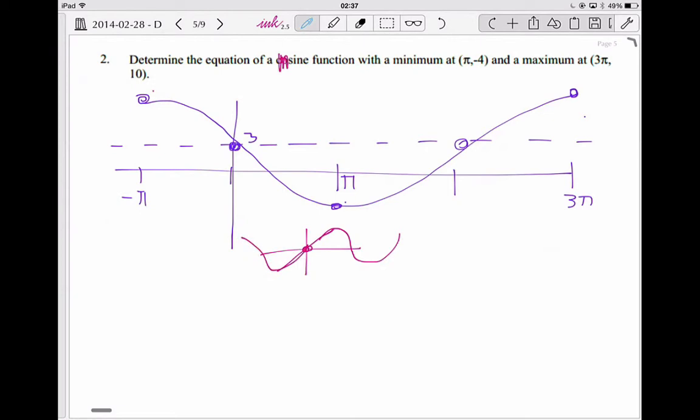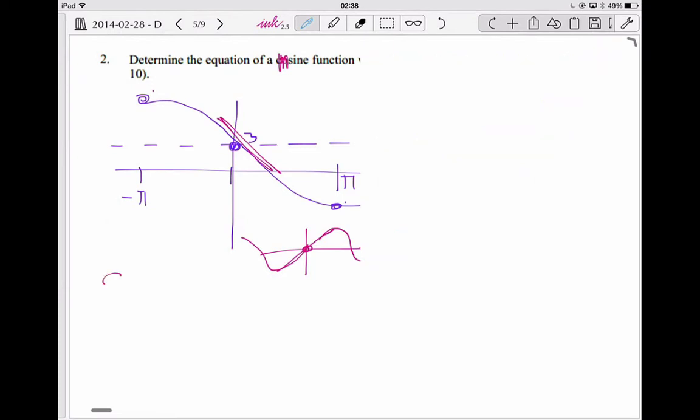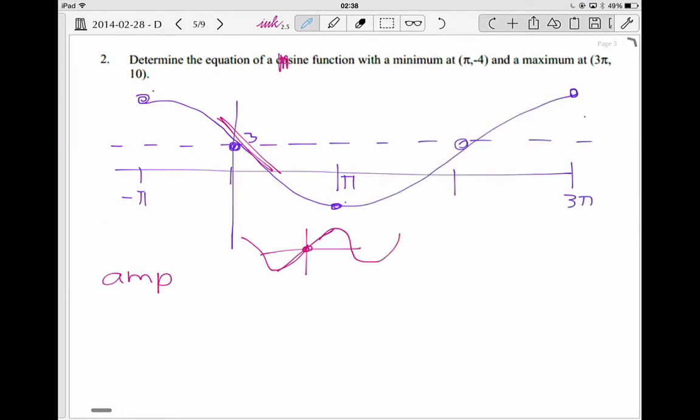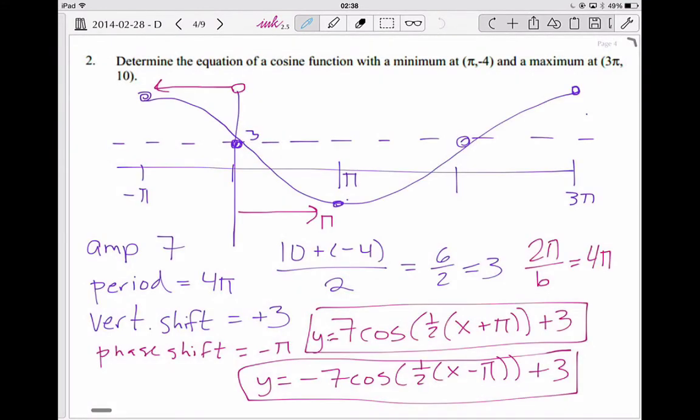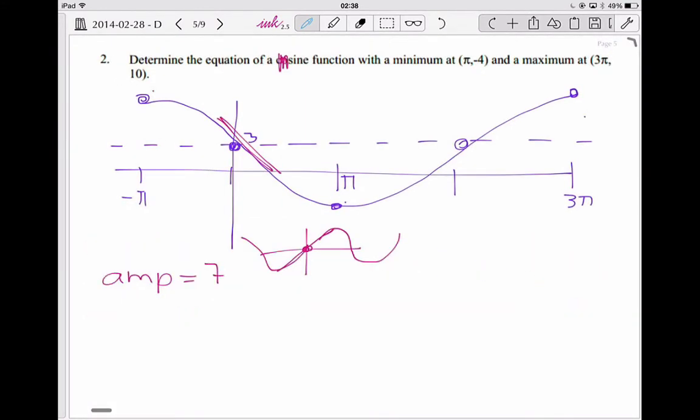So in order to make it look like this, I either have to reflect it or horizontally translate it, phase shift it. I'm going to do both just for giggles, but let me go ahead and write out some stuff. So my amplitude is still, what is my amplitude? I forget. My amplitude's 7. My period is still 4 pi.